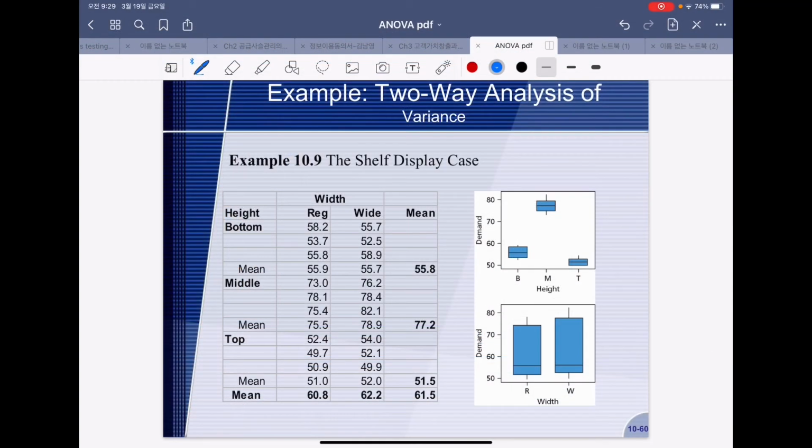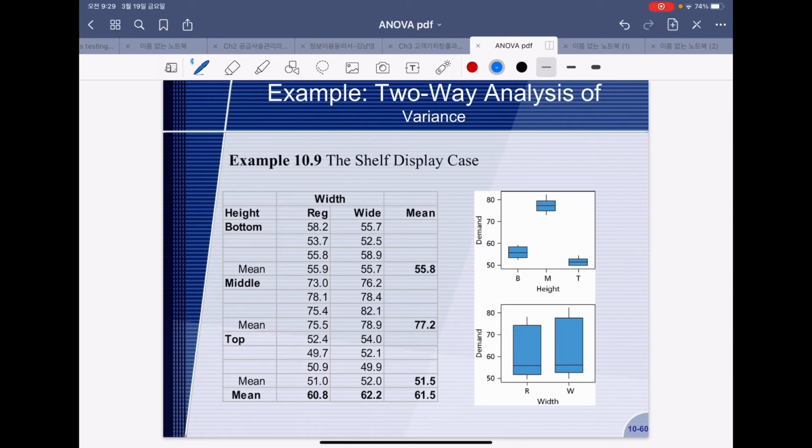We are back. Let's look at the case of a two-way ANOVA with repeated measures. This is a shelf display case. We have two factors: one is width, the other one is height. We have 2 treatments for width and 3 treatments for height, and in each cell we have three observations.